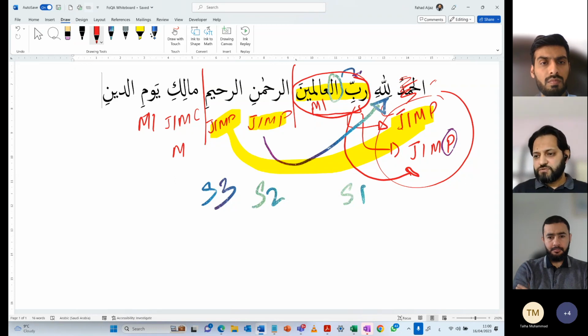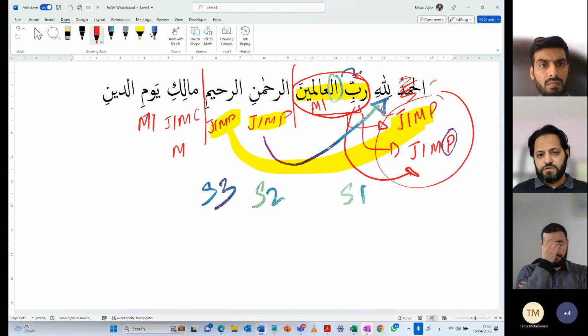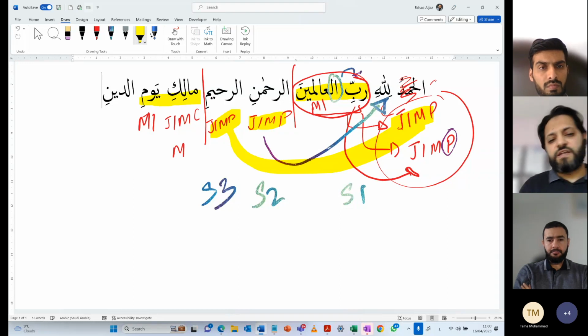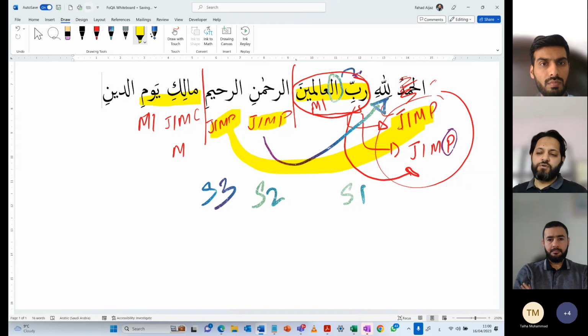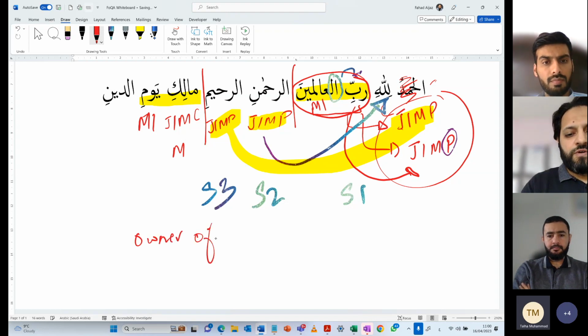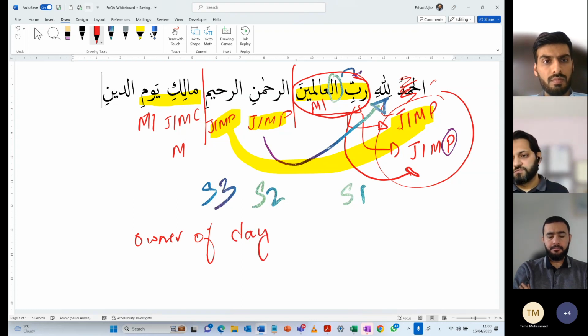Everyone gets this so far? Up to this point, I have proven Maliki Yawmi is an Idafah. Yawmi is day and Maliki is the owner. What would it translate to? Master of the day. Owner of day. That's what it translates to.